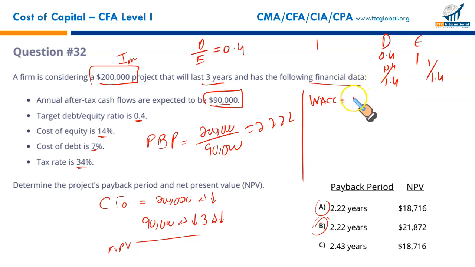So your debt proportion is 0.4 upon 1.4 and the cost of debt has been given as 7%. You need to convert it into after tax basis, that is 1 minus 34%, plus equity is 1 out of 1.4 and cost of equity is simply 14%.